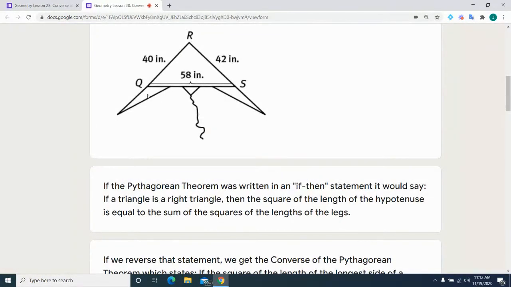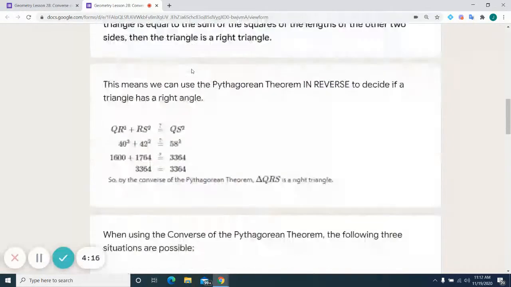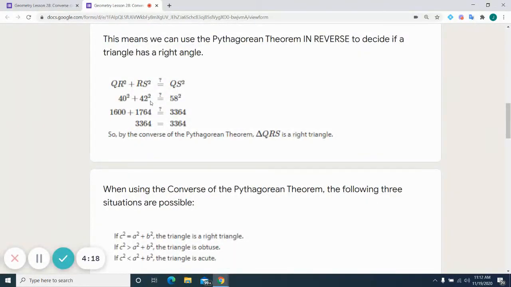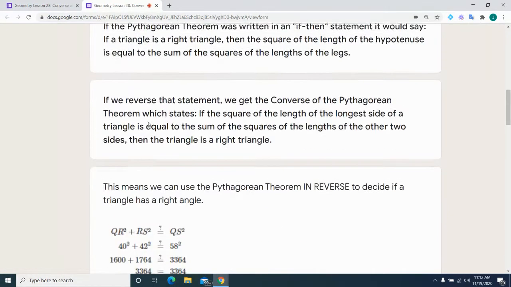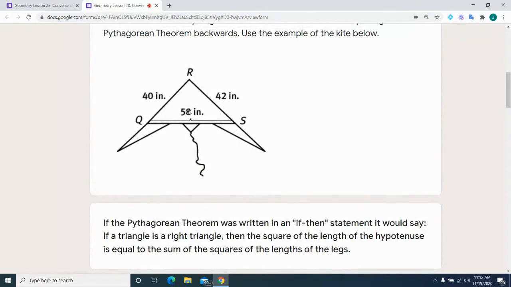They plug in 40, 42, and 58. They then solve it: 1600, 1764, 3364. You add these together, you get 3364 equals 3364. Because they end up equaling each other, we have a right angle.